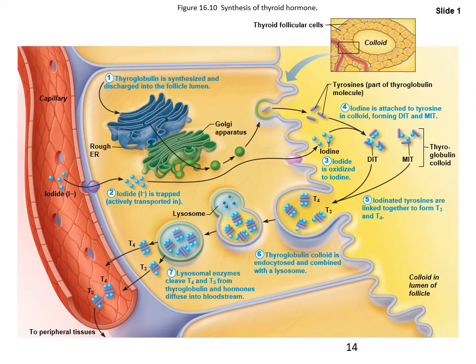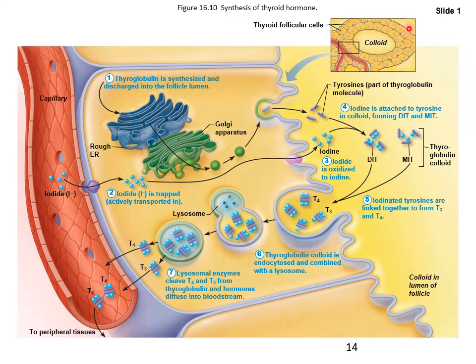So let's look at some processes. We didn't really talk about how thyroid hormone is produced, but remember we did say the thyroid hormone has to have iodine. So you do have your iodine that gets transported into the cells. Remember, these are follicular cells. Here's your colloid in here. This is the thyroid gland. And see, here's a look at the follicle.